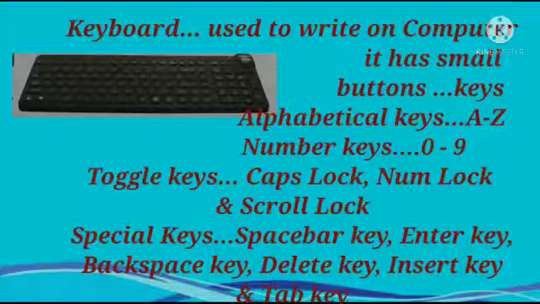Then we have the toggle keys. Toggle keys are the caps lock key, num lock key, and the scroll lock key. These keys help us to perform various functions which you will study in later classes.